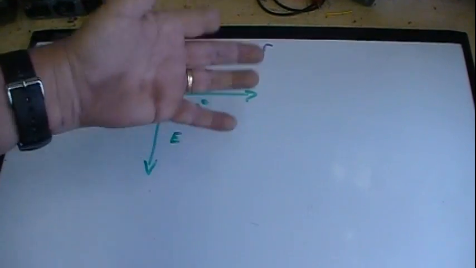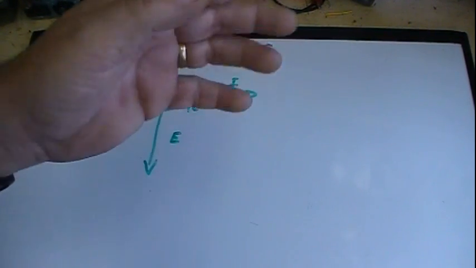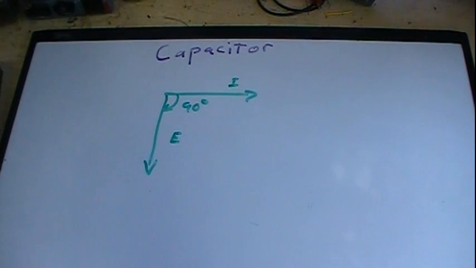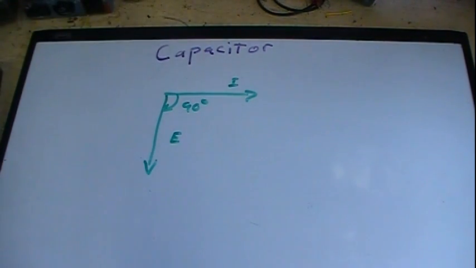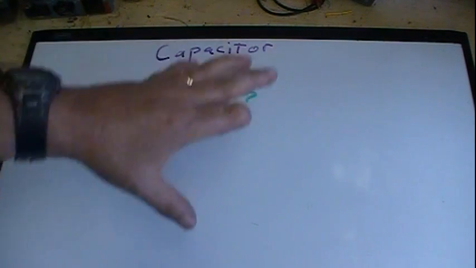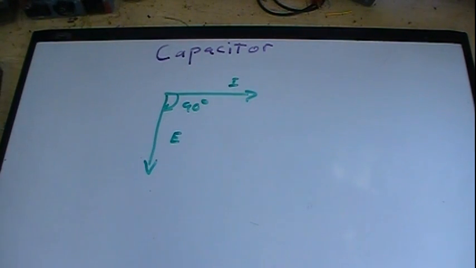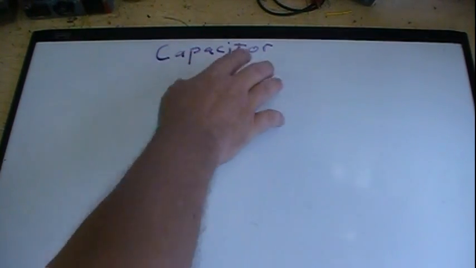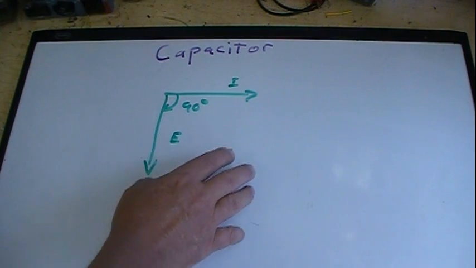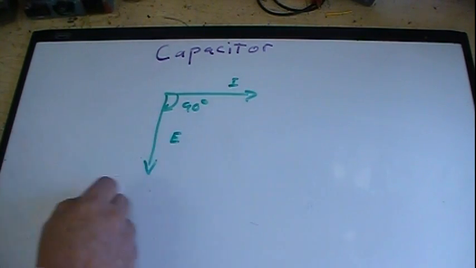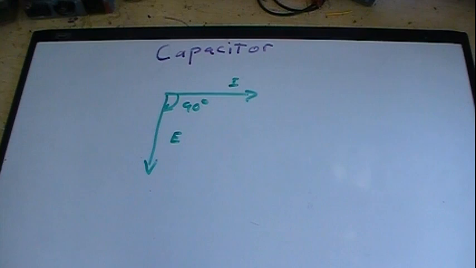And we also have those plates inside the capacitor, which have to move the current for a while to get the charges in there. So there's resistance. But under normal theory operation, if you had a perfect capacitor, no resistance in the wires, no resistance anywhere else, you would have an actual 90 degree phase angle.